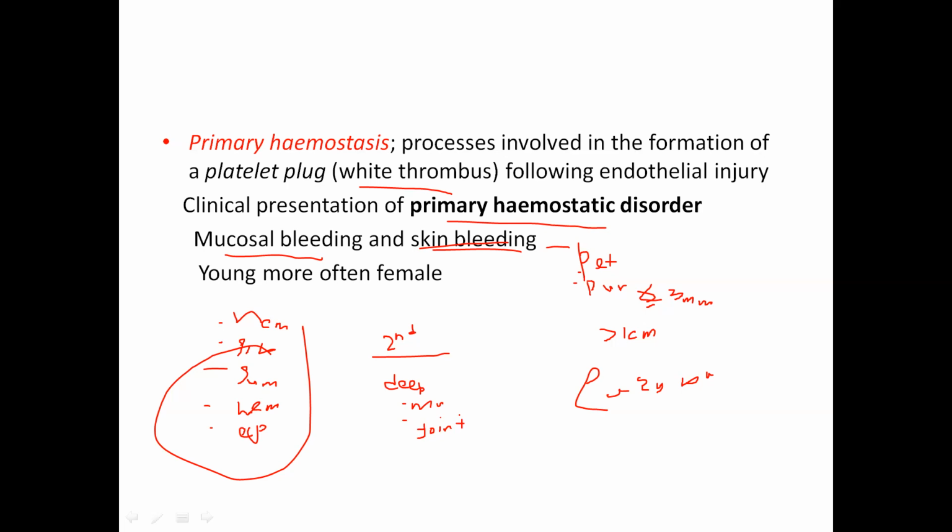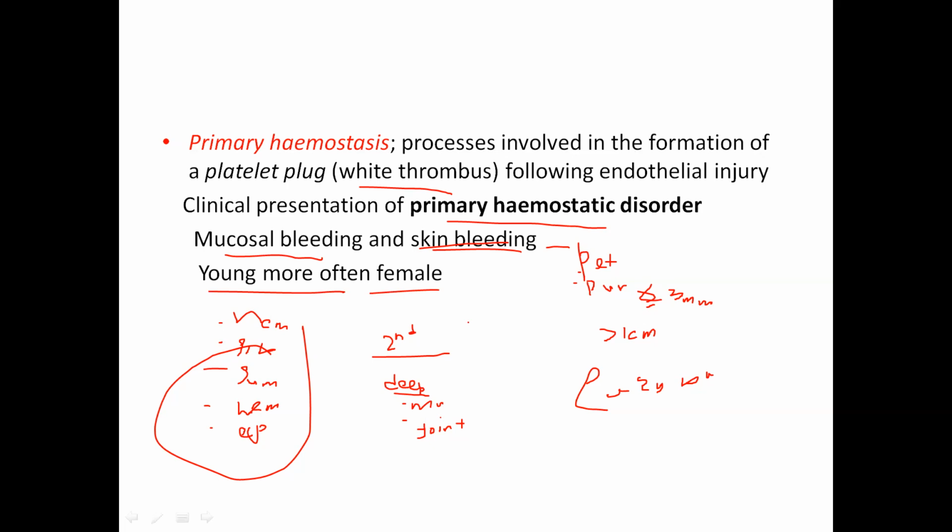Those are the typical manifestations of secondary hemostatic disorder. Primary hemostatic disorder is especially common in young female patients.